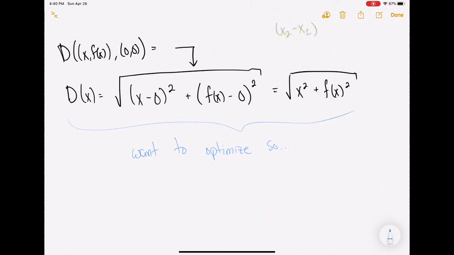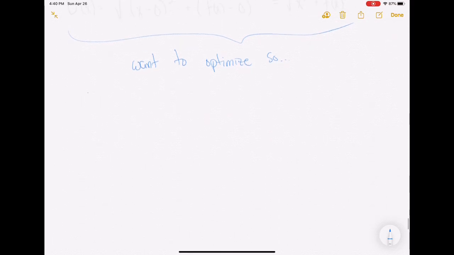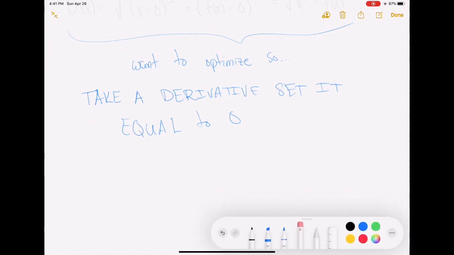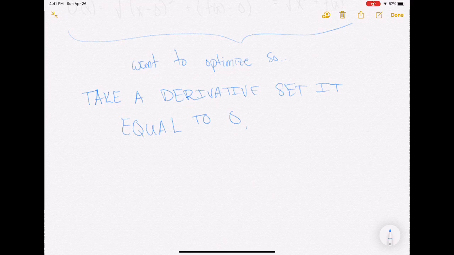So, take a derivative. Set it equal to 0. Solve for x.